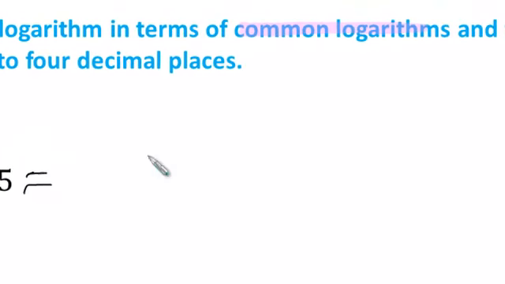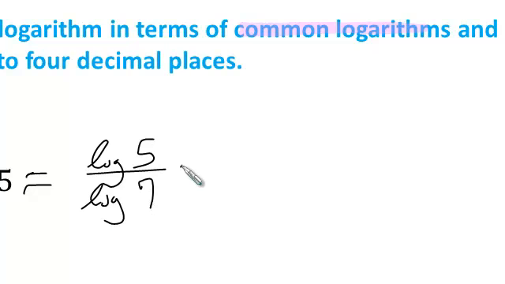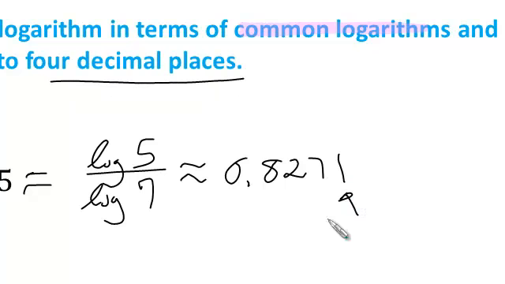So we're going to change it to base 10 by using the change of base formula that we just talked about. And that is it. And then you grab your calculator. And when you grab your calculator, you should get approximately 0.8271. They wanted you to round to 4 decimal places and use correct rounding skills.